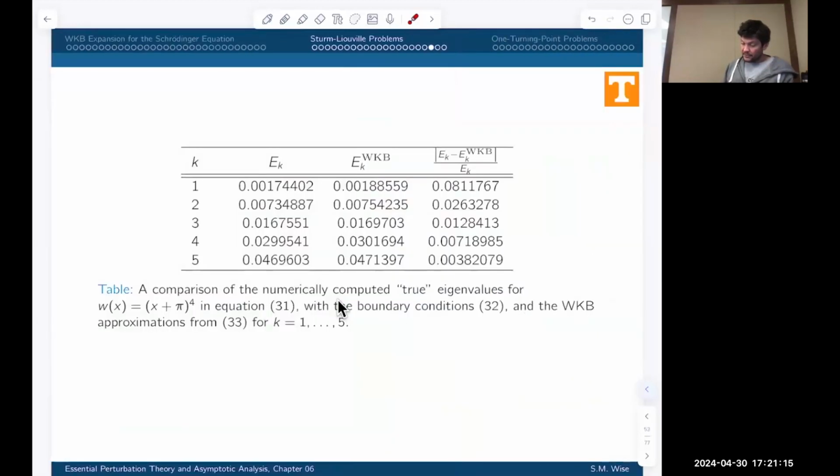Here are the true eigenvalues compared to the WKB eigenvalues, even for very small values of K. And if I compute the relative error, for the 5th one I'm already getting a pretty small relative error. These are true eigenvalues in the sense that they're computed numerically to hopefully some nice precision.